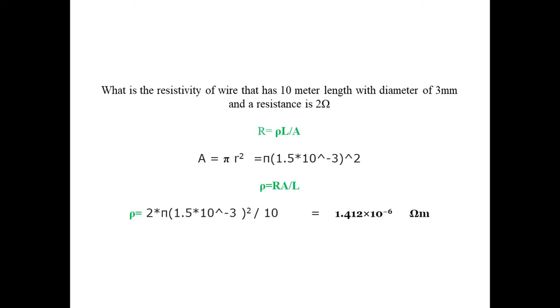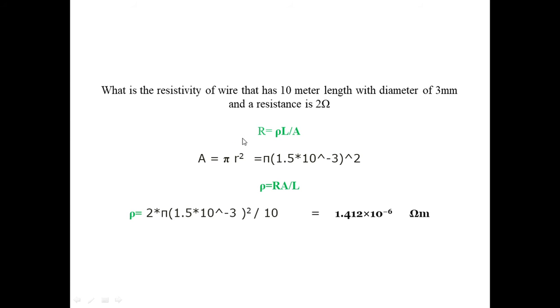Last one. What is the resistivity of a wire that has 10 meter length with a diameter of 3 millimeter and resistance of 2 ohm? Here we don't know the type of material, so we don't know its resistivity. We need to calculate the resistivity of this material.